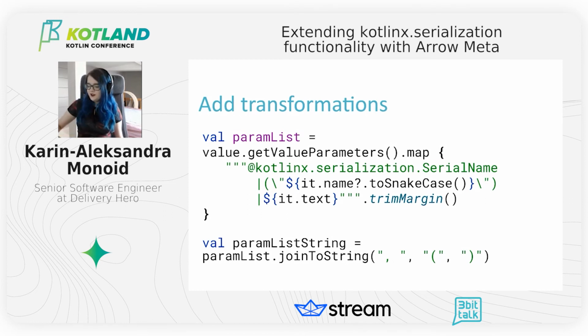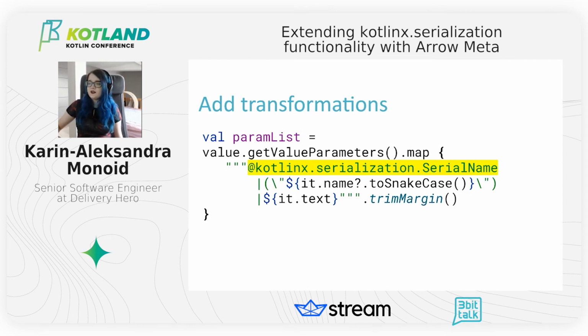What's important here, as you can see, there is a fully qualified name of the annotation itself, because we are operating only inside the class declaration, and we cannot add right now some kind of import on the top level, which is why we are using the fully qualified name.